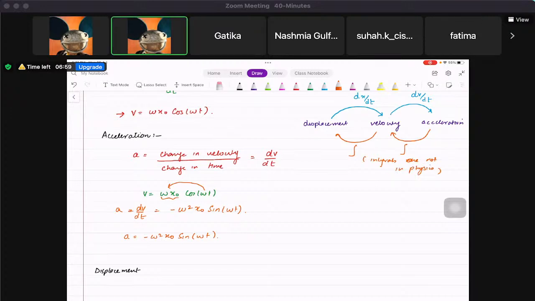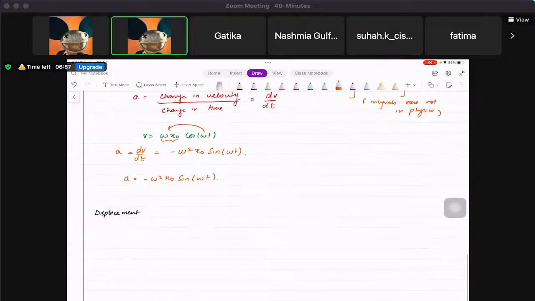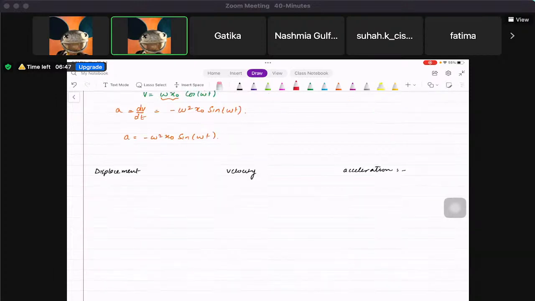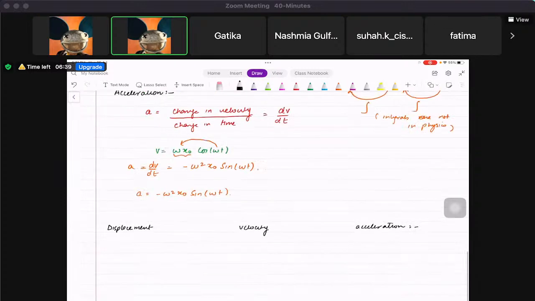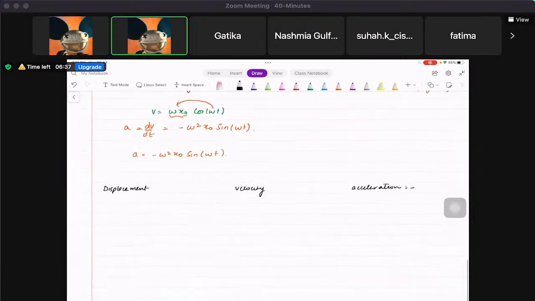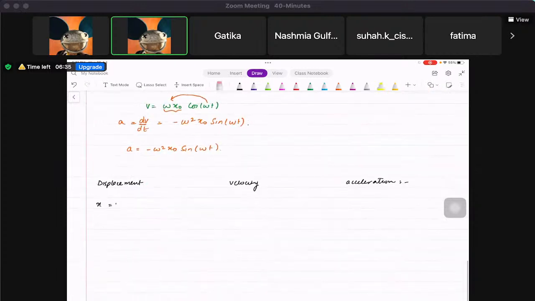Now, displacement we wrote, then we write the equation of velocity, then the equation of acceleration, and then I'm going to do a magic trick. There is always a show-stopping move, and this is my show-stopping move. What we just learned from the previous example was that x equals x naught sine omega t.